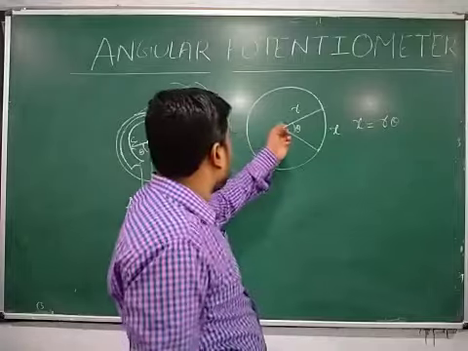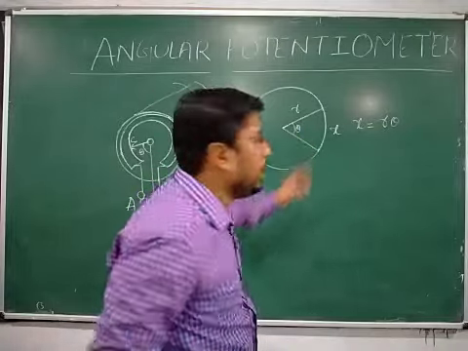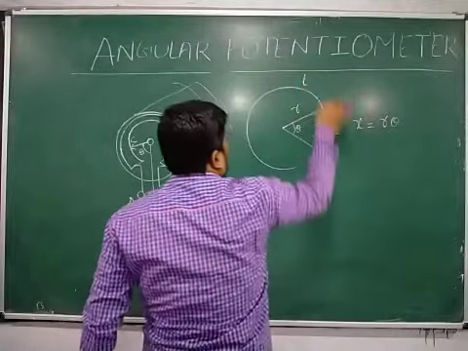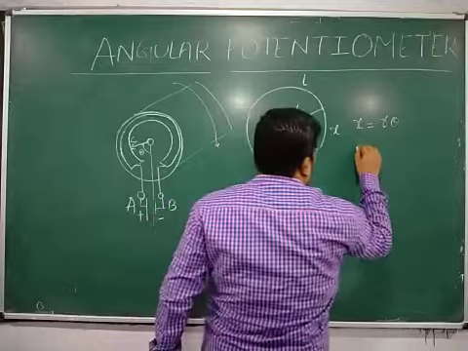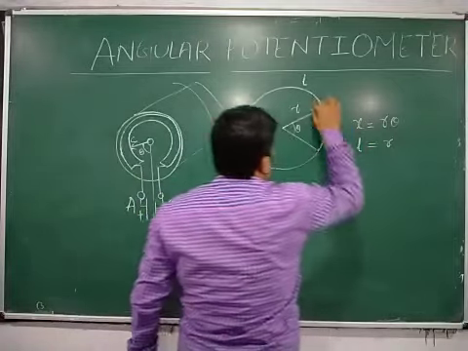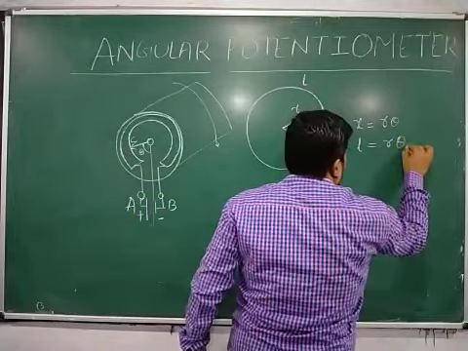Suppose I have to cover the entire angle, and suppose the complete length is L. So what will my L be? L will be the radius r into the total angle turned, theta complete.